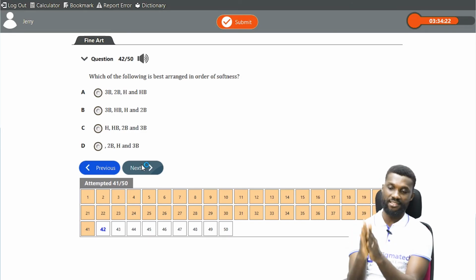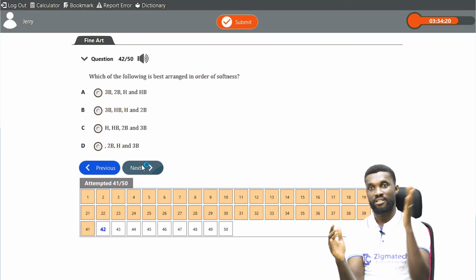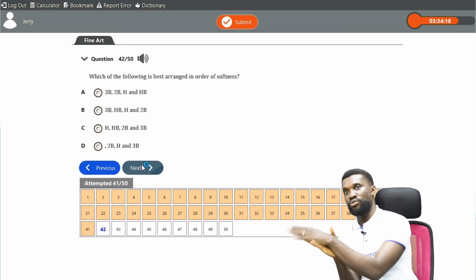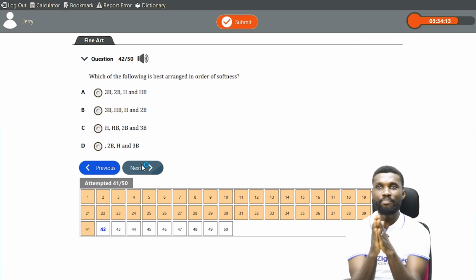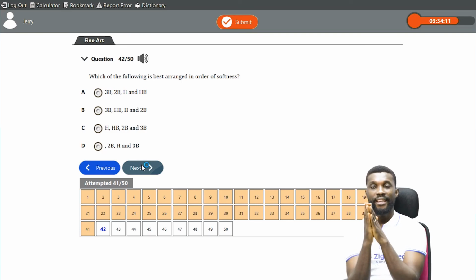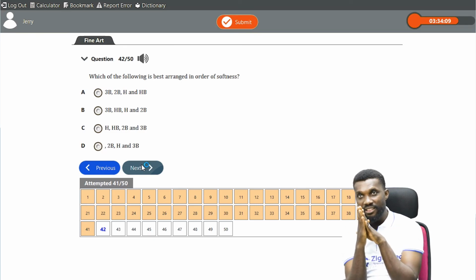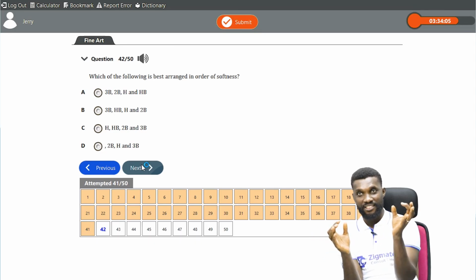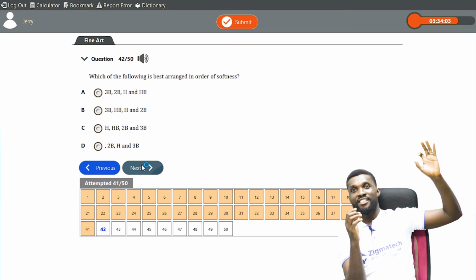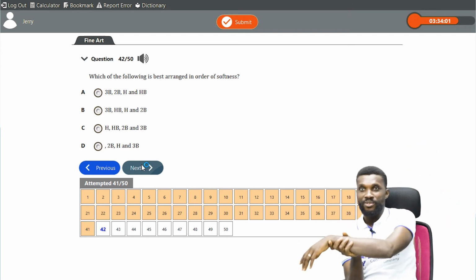Now, you start from the left and crescent to the right, or you start from the right to the left. Now, let's see. You have the 3B, 2B, HB, and H. That is from the dark to the hard.